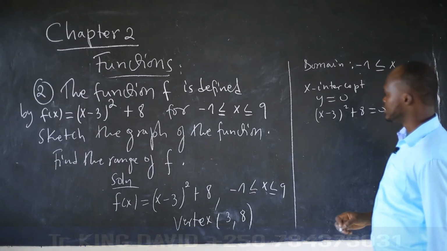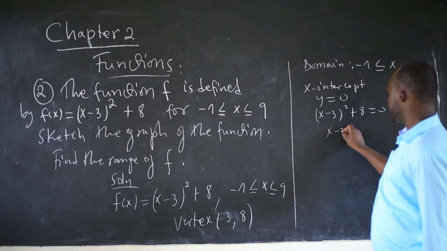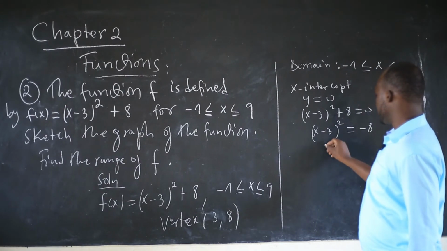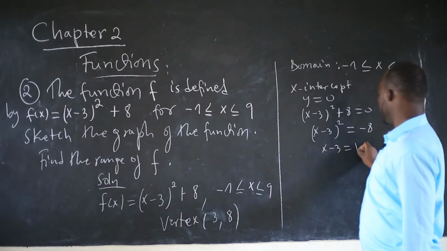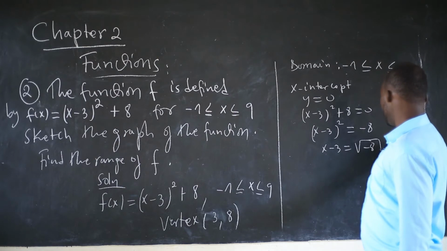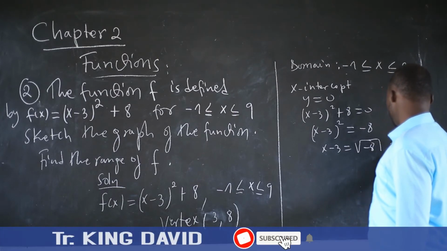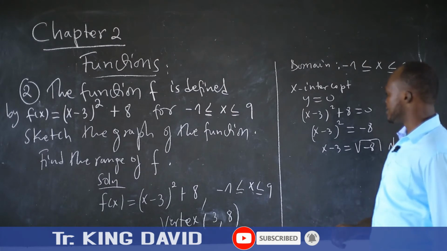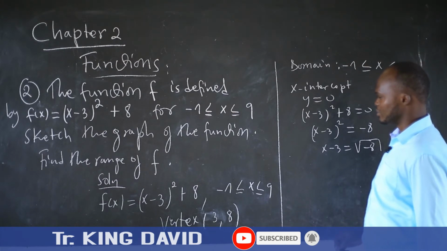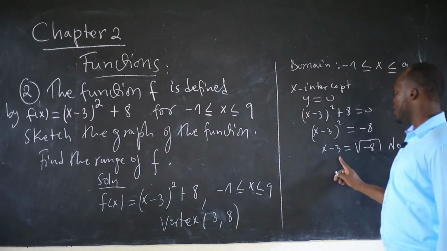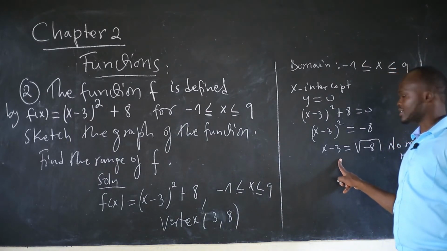We get (x minus 3) squared equal to -8, so x minus 3 will be equal to the square root of -8. There are no real roots, which means we don't have an x-intercept. Our curve is not intersecting the x-axis.